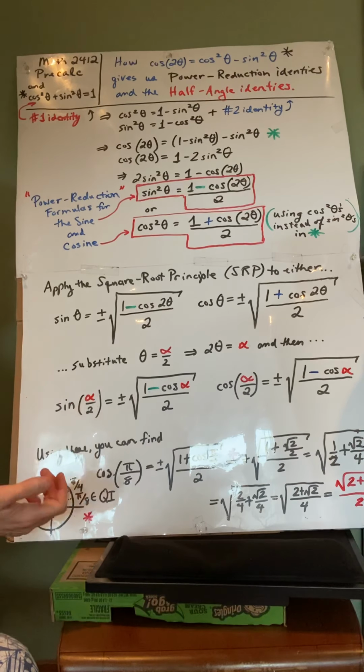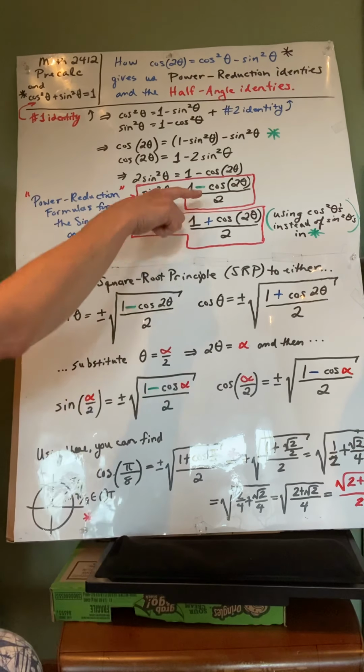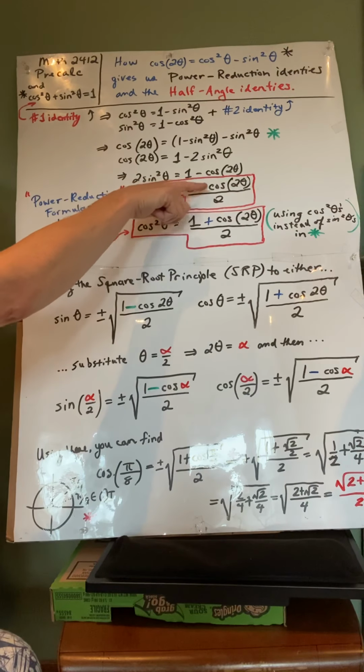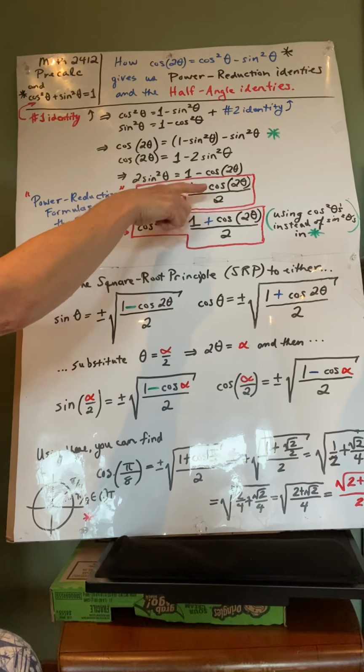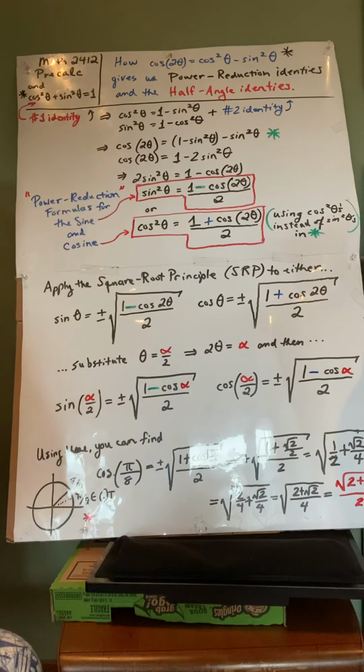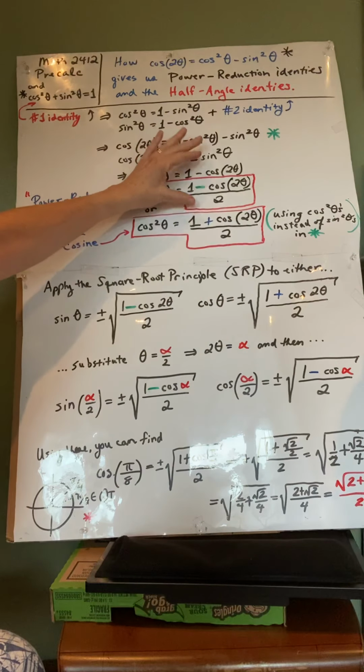Why is that of any benefit? You don't really see the value of it until you get into that Calc 2 situation where you know how to integrate something that looks like that. That's the same thing as a half minus some constant times a cosine, which has a different frequency. Integrating the right-hand side here is dead easy.